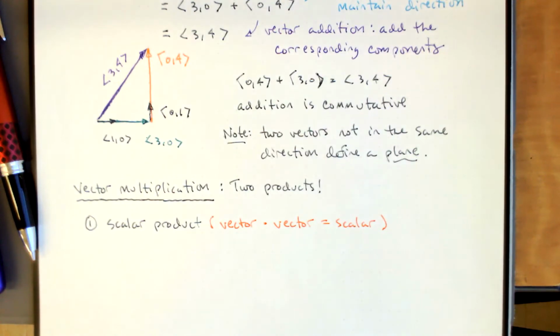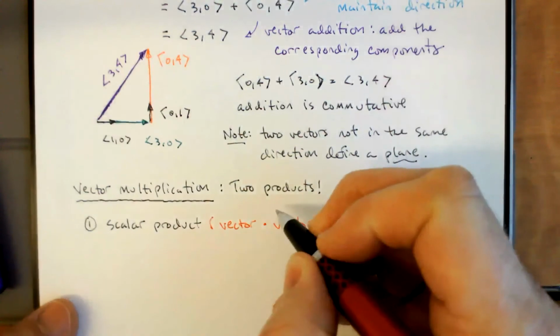Note that when I said times here, I said vector dot vector. I put a dot in between, in the multiplication. And so the scalar product is often known as the dot product. So they use this symbol to represent the scalar product of a couple of vectors. So sometimes the scalar product is called the dot product.